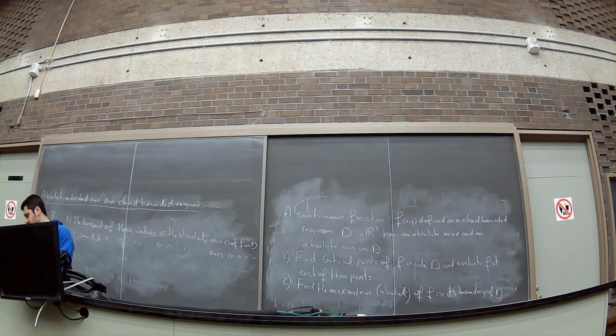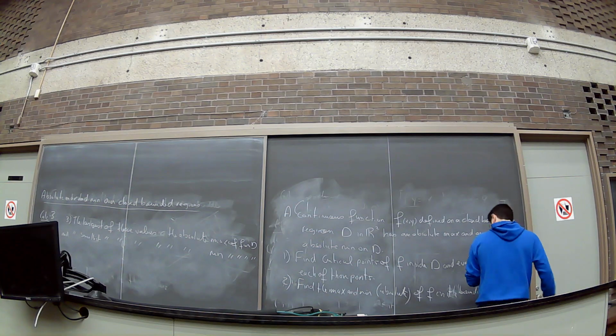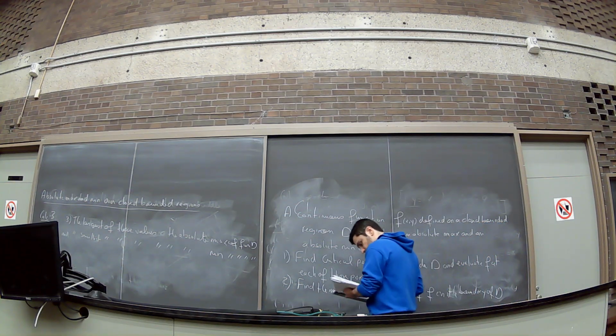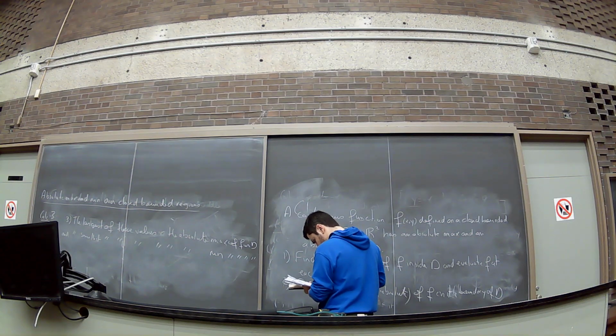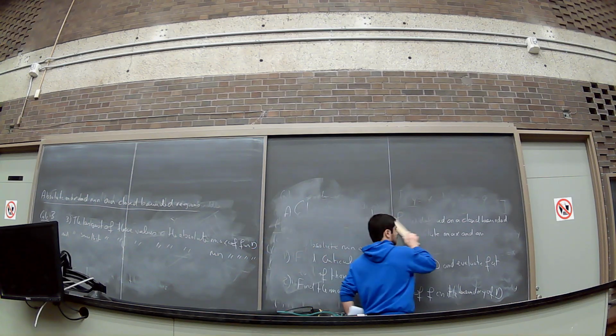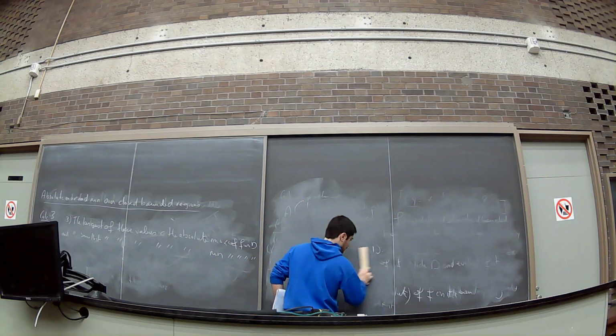Okay, let's give an example. I have a nice example here. What is my rectangle? 0 to 3 and 0 to 2. Let's do it.